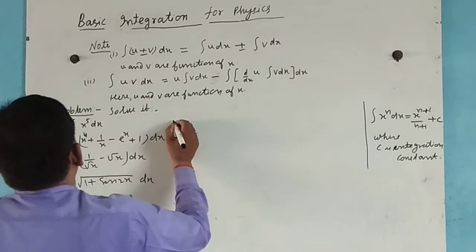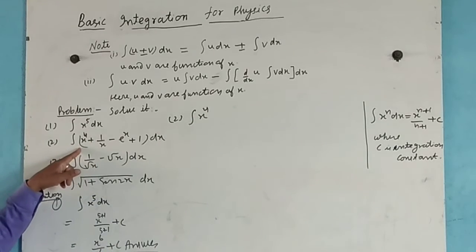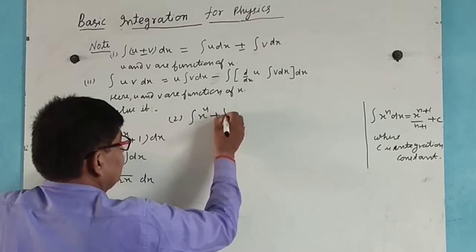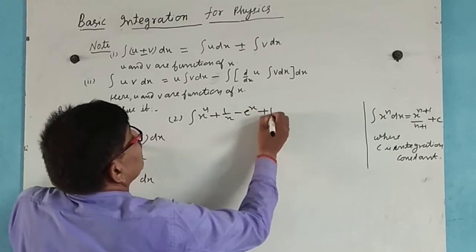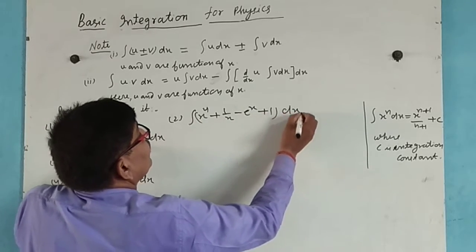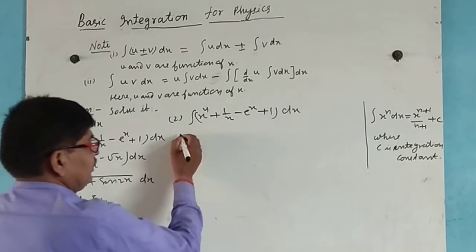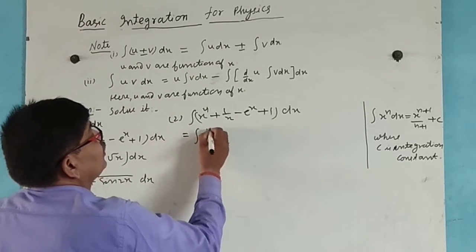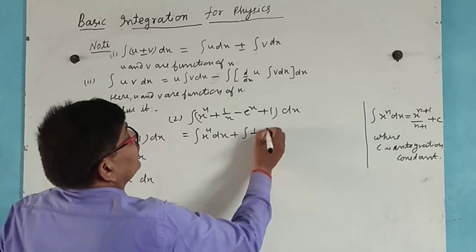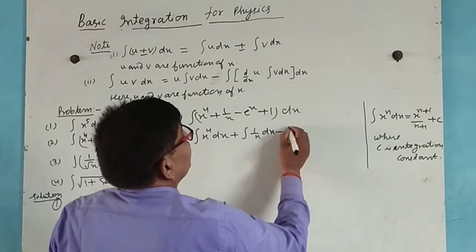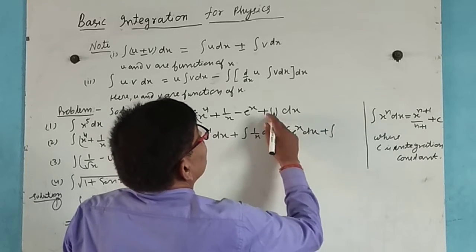Now question second, integration of x to the power 4 plus 1 by x minus e to the power x plus 1 dx. With the help of this, we separate it. Here integration of x to the power 4 dx plus integration of 1 by x dx minus integration of e to the power x dx plus integration of 1 dx.